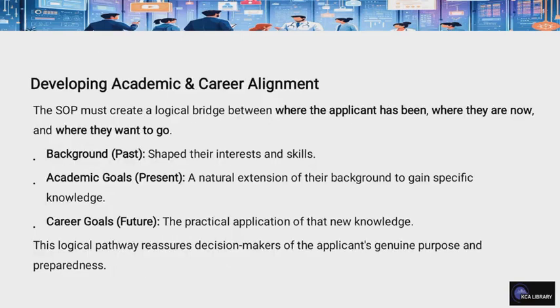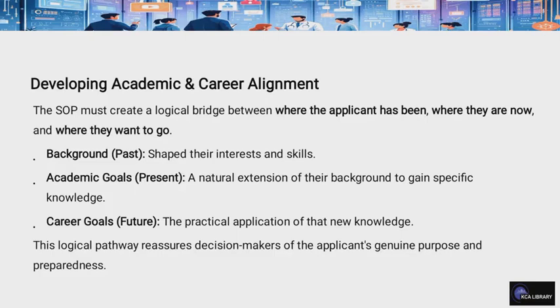Developing academic and career alignments, the SOP must create a logical bridge between where the applicant has been, where they are now, and where they want to go. The background deals with the past, which has shaped their interest and skills. The present is the academic goal, which is a natural extension of their background and aims to gain specific knowledge.